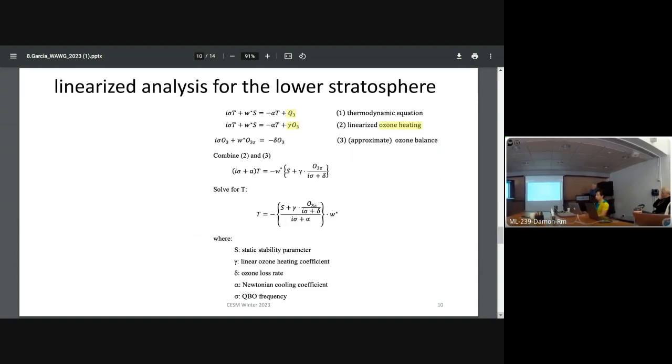So here is a very simplified linearized analysis of how it might work. You start with a thermodynamic equation, linearized, the same thing for the ozone heating, and an approximate ozone balance, and then combine these equations, and you get that third equation there.